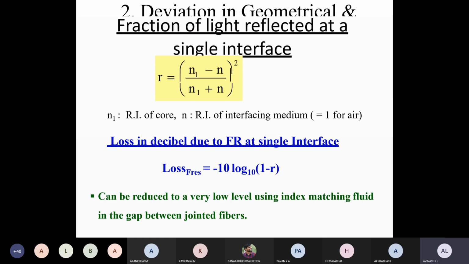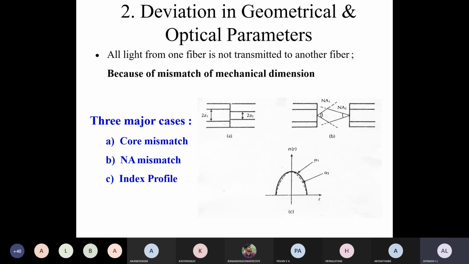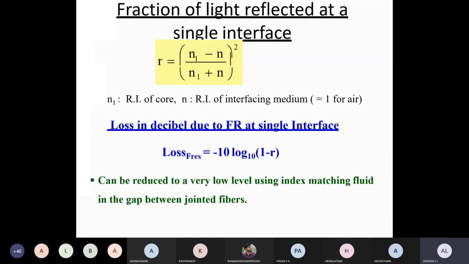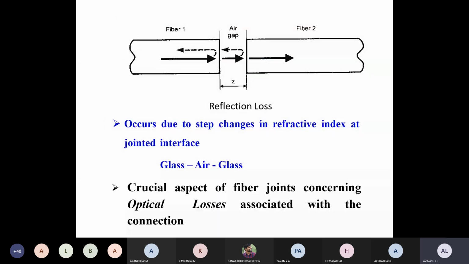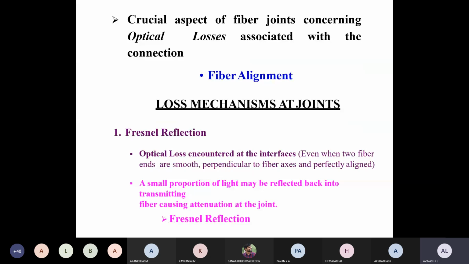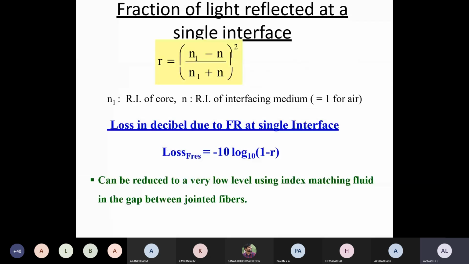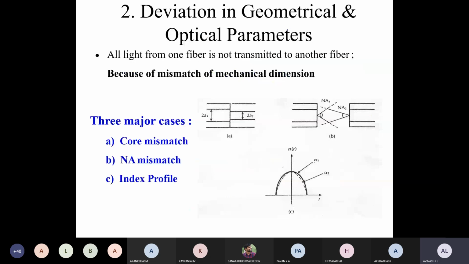After this, we'll move on to the second problem. The first loss mechanism was Fresnel reflection. The second is deviation in geometrical and optical parameters. When deviations are there in the geometrical and optical parameters, definitely there is some loss going to happen.